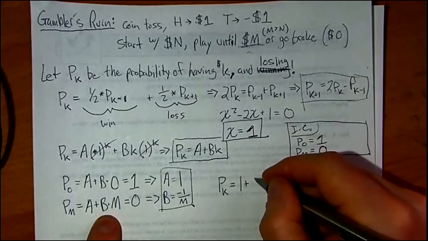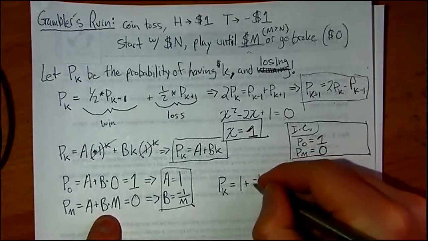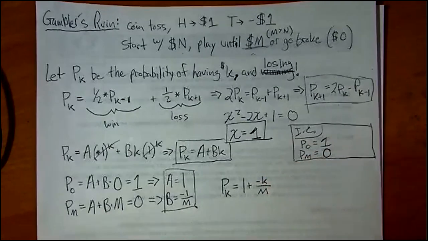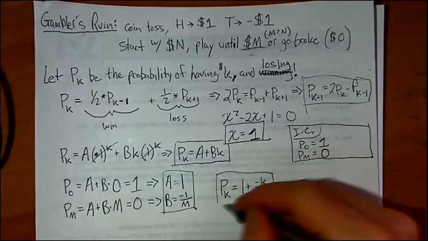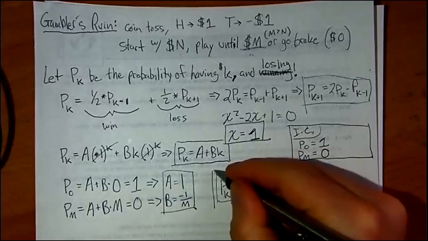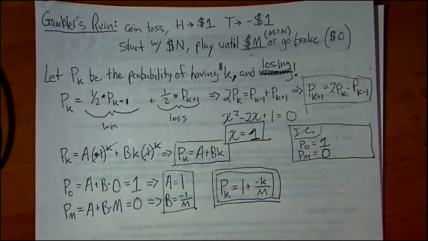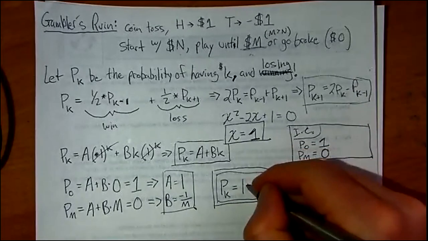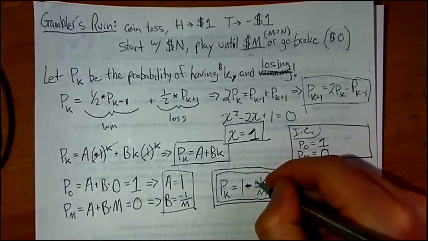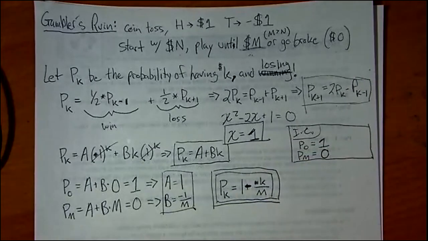So in other words, negative k over m. And there's my final answer. Maybe I should say 1 minus k over m. How about that? Make it a little shorter.